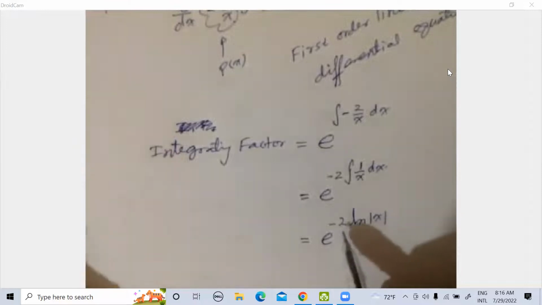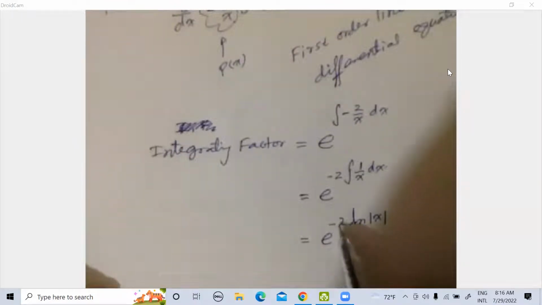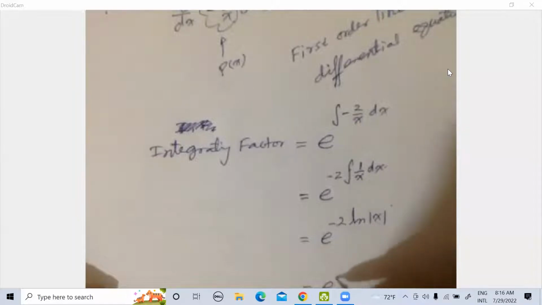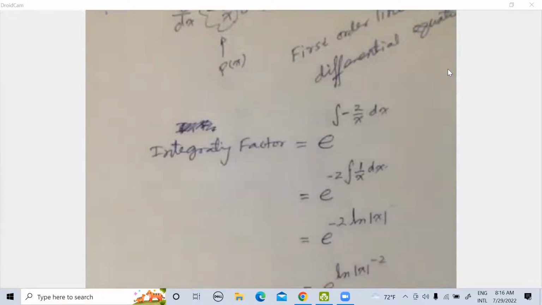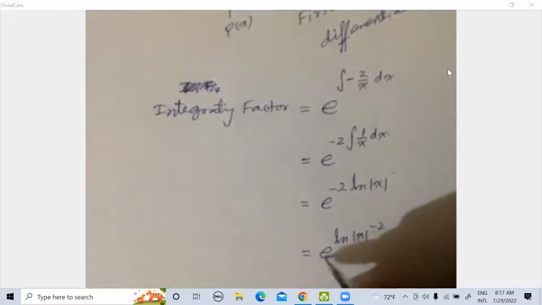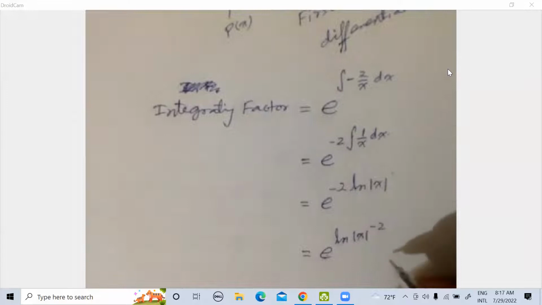Now, this can be simplified. This minus 2 can be taken inside the ln. This is equal to e to the ln absolute x to the power minus 2. So we are just doing the integrating factor. Now e and ln kill each other.